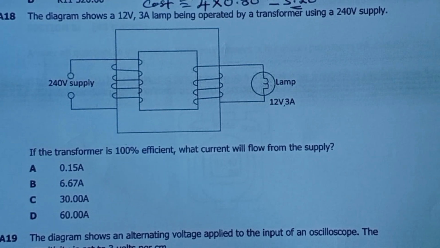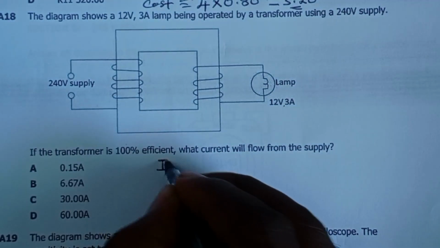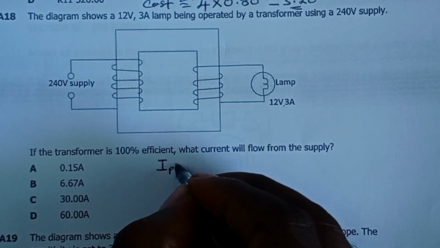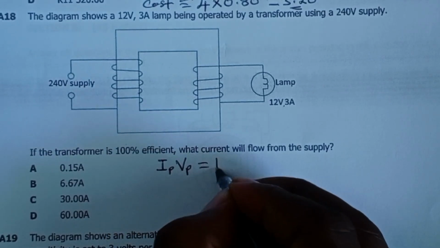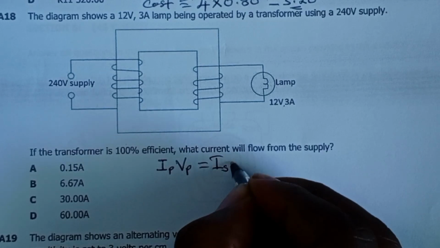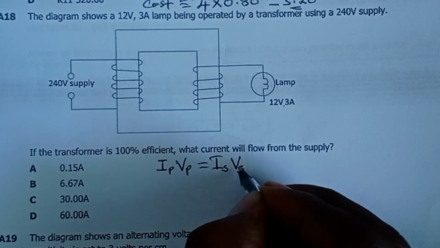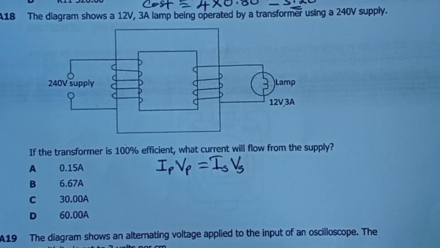A 100% efficient transformer means that the power input is equal to the power output. So the power input, which is current to the primary times voltage to the primary, is equal to current to the secondary times voltage to the secondary.